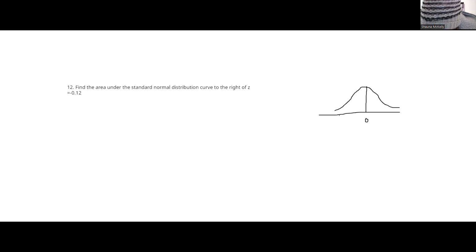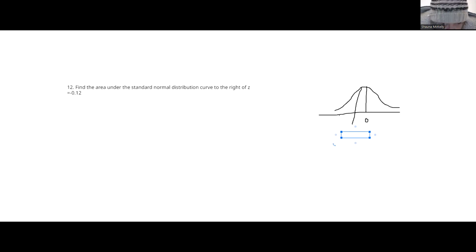I mean, this is far out, but I have to have space to write. So this is going to be z equals a negative 0.12.